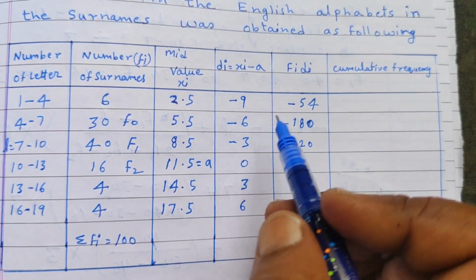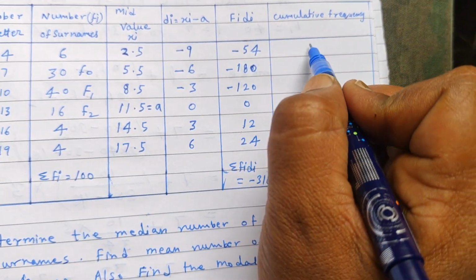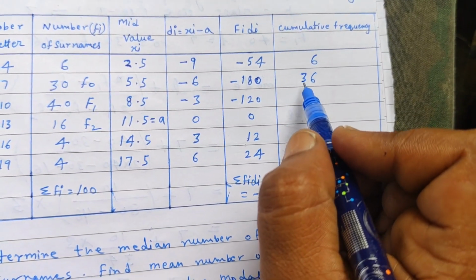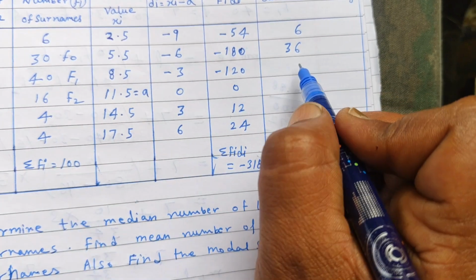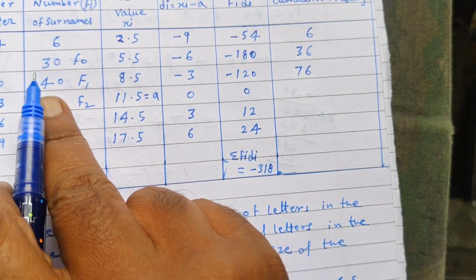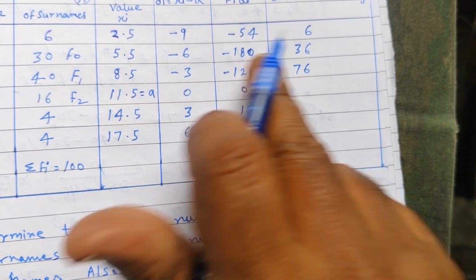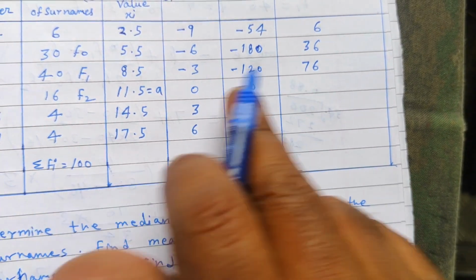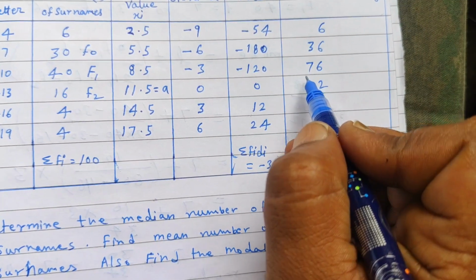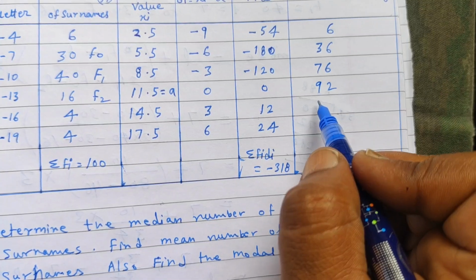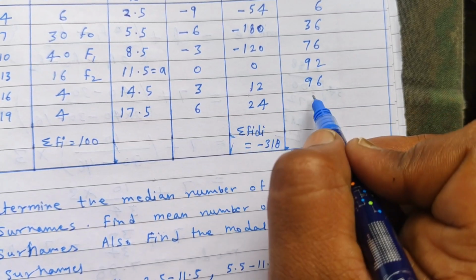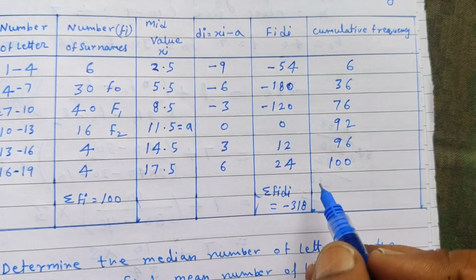Look here, cumulative frequency is 6 plus 30 is 36, plus 40 is 76, 76 plus 16 is 92, and 92 plus 4 is 96, and 96 plus 4 is 100. So the cumulative frequency is 100.